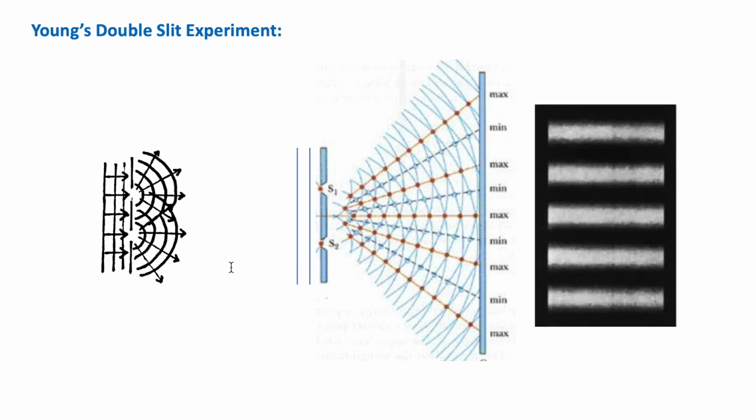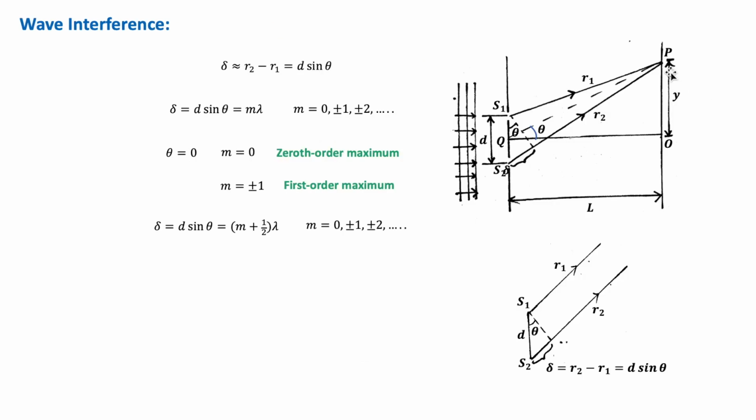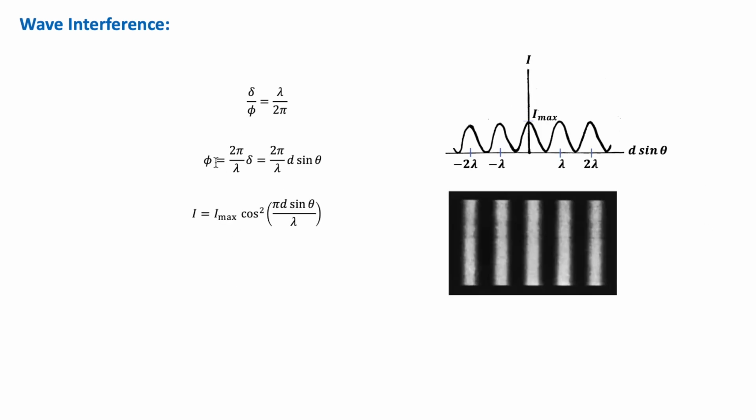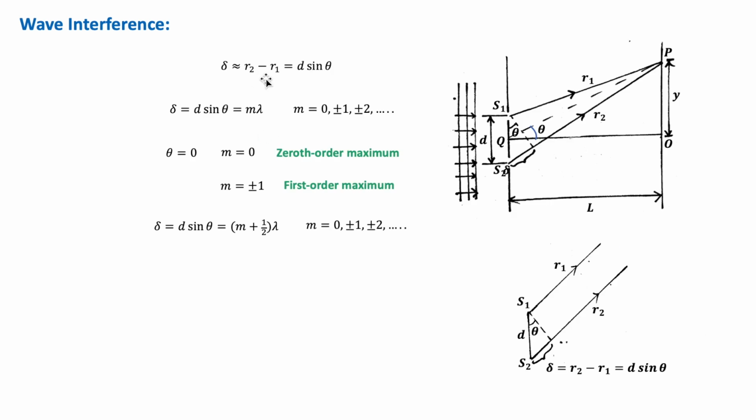At the slits here, the two waves have equal phase, but at P here, their phase difference, which is phi, depends on the path difference, so it depends on delta, which is R2 minus R1 equal to D sine theta.